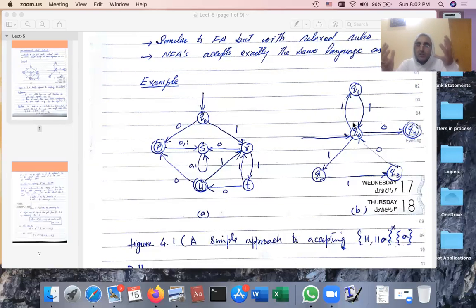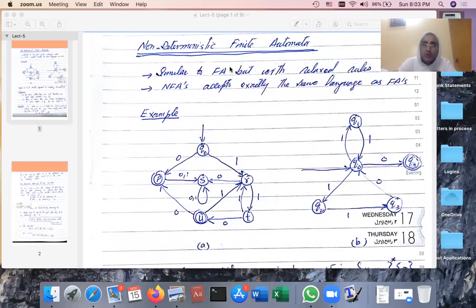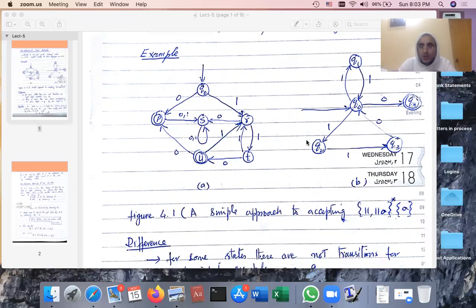It is possible, and it is legal in the case of NFA. And this NFA is accepting the same language as the FA on the left hand side. So both of the statements mentioned at the beginning of this lecture you can check on these FA and NFA.